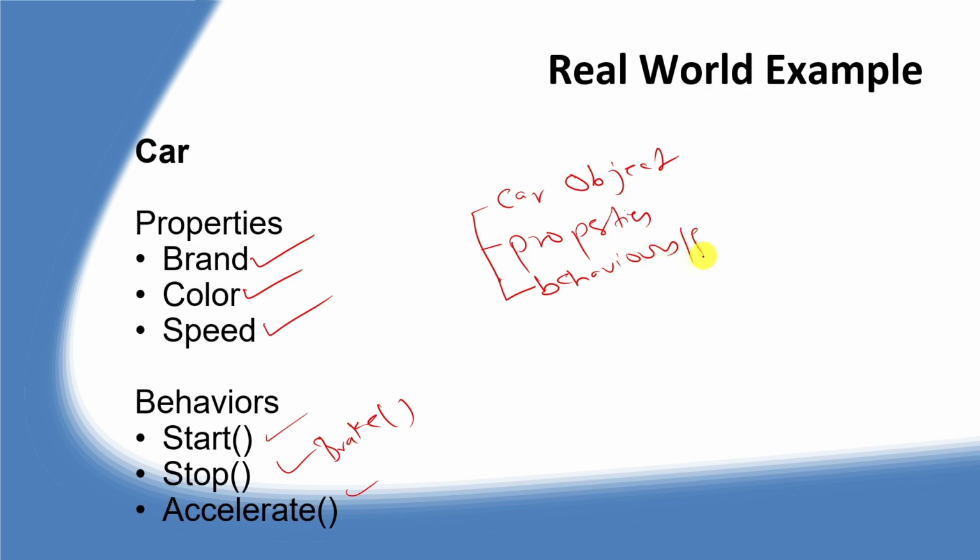You can say functionality, you can say method, anything is fine. But you should understand the object. In this example, the car object will have properties, and will have behavior or functionality. So this makes programming very similar to the real world.